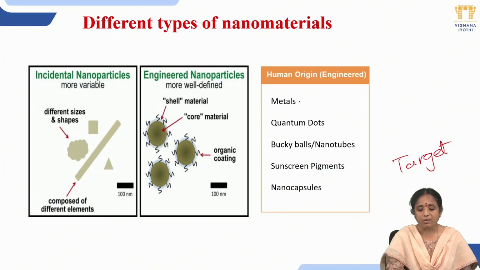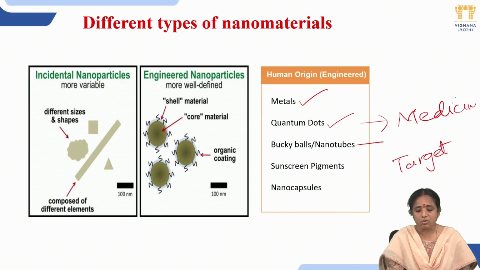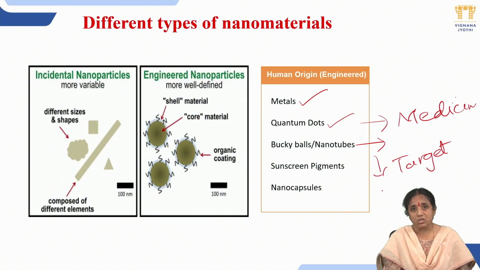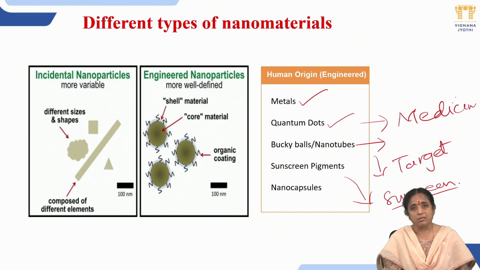For example, you can have metal nanoparticles, you can have quantum dots. Quantum dots are particles used exclusively in the medicinal and pharmaceutical industry. Then there are nanotubes. Nanotubes have very high applications. They are used in energy storage applications. They are used as electrodes also. And these engineered nanoparticles are nowadays used in sunscreen lotions to avoid the ultraviolet rays which cause harm to the skin.